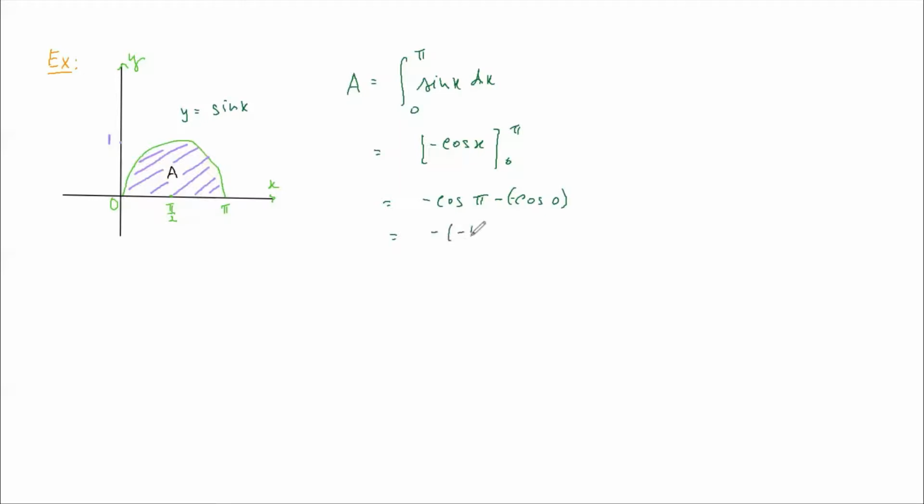So you have negative 1, and then this minus becomes plus, right? And cosine 0 is 1. So this becomes 2 square units.